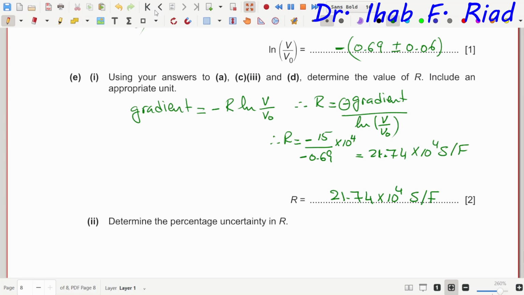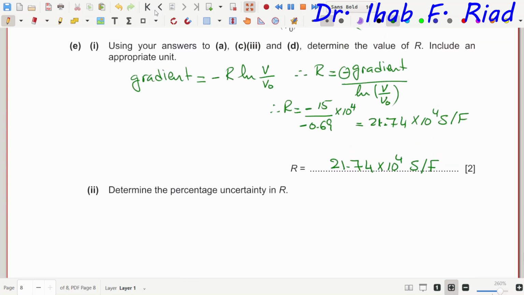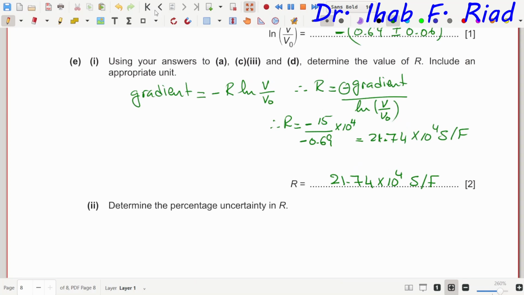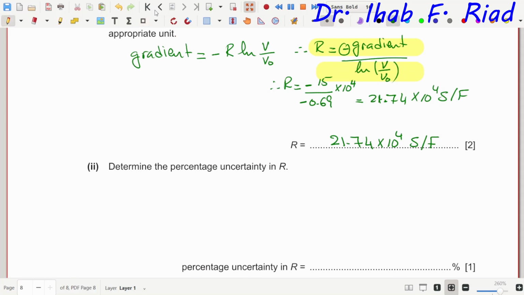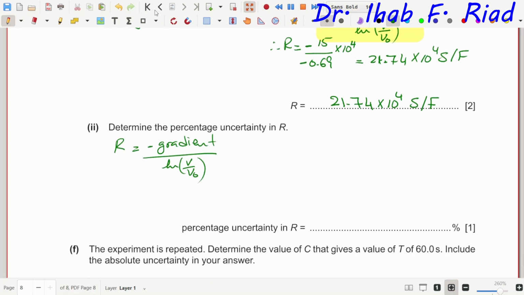Determine the percentage uncertainty in R. So we go back to this equation. R is minus the gradient, divided by ln V over V naught. So we always remember that the percentage uncertainty for two values that are divided together is equal.